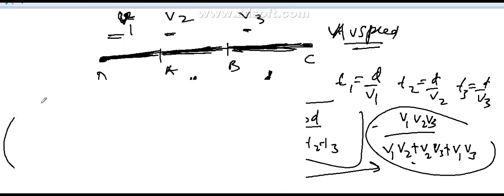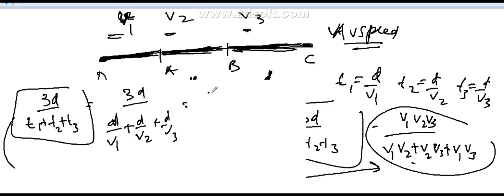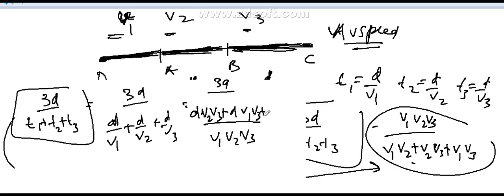Now our formula is 3D divided by T1 plus T2 plus T3. What is your T1? D by V1, D by V2, D by V3. 3D, take common, V1V2V3, take LCM. This is D into V2V3, D into V1V3, D into V1V2.